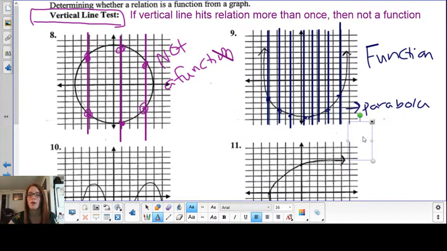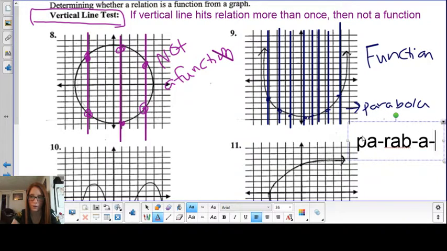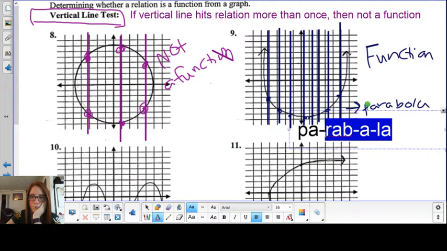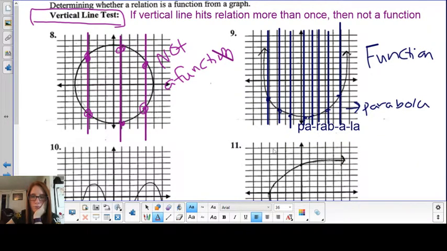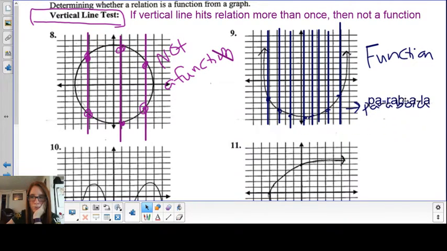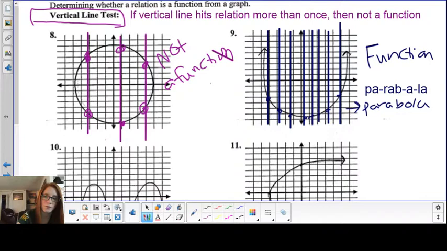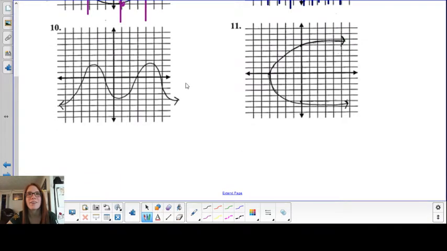So pronounced parabola, spelled parabola, those are always going to be functions, always. Circles, not functions.